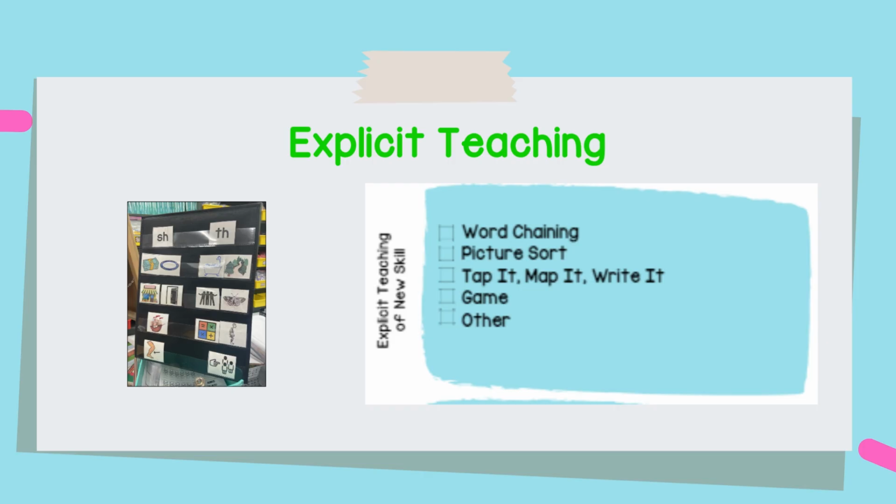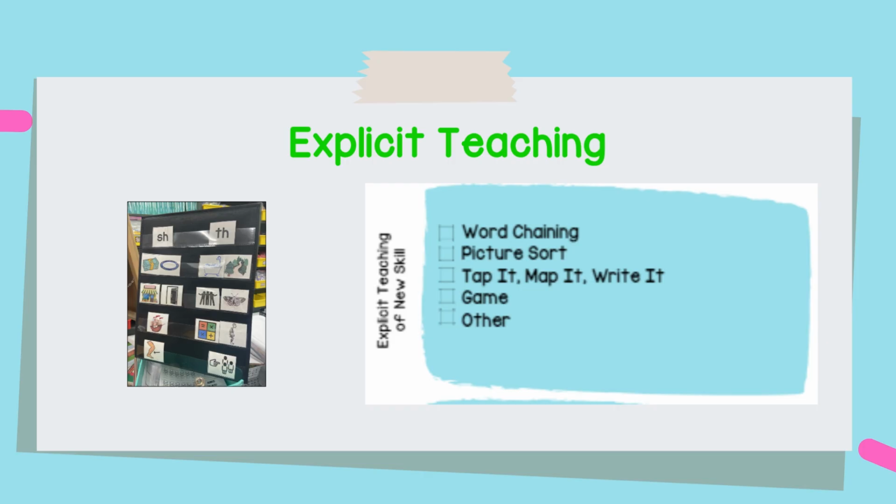After you explicitly teach the sound, there are many options listed here on the chart to choose from to reinforce that skill. Again, you would only pick one or two of these to do after you explicitly teach them. One of them is word chains. For every phonics skill resource, I have examples of word chains, and I spoke about word chains back in Module 3 and how they work.